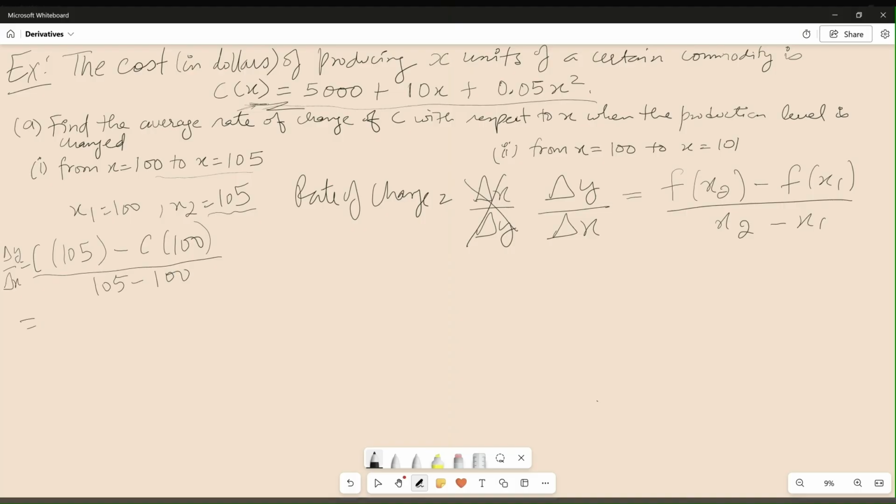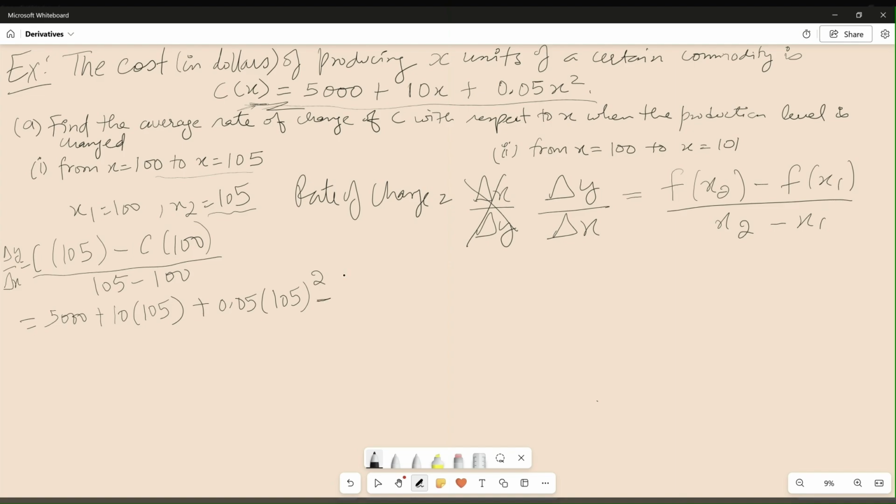So let's just plug the value into this function. This is going to be 5000 plus 10 times 105 plus 0.05 times 105 squared, minus C of 100.